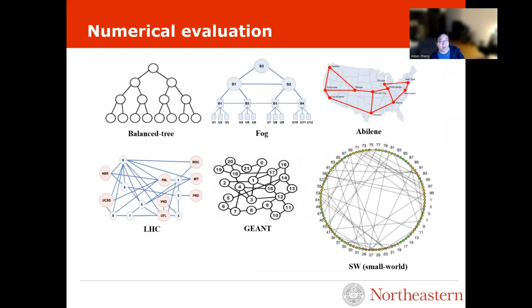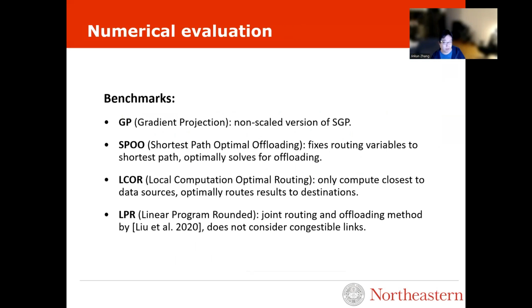Now here are some of the tested topologies, and we compare our algorithm with other methods here, including a non-scaled version of SGP, the shortest path plus optimal offloading, local computation plus optimal routing, and LPR, linear programming rounded. Now LPR is also a joint optimization for routing and offloading in arbitrary network topology, but it does not consider the congestion.